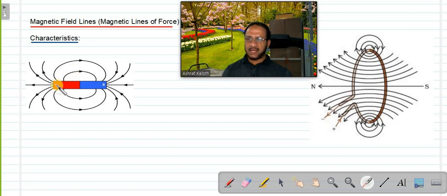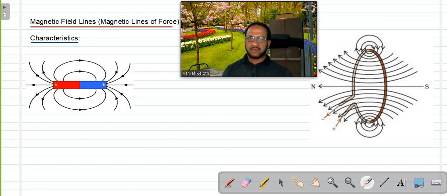If you draw the magnetic field lines of a bar magnet by using a compass needle, as I explained in the previous class, you will get this pattern. And also we can see the same pattern by using iron filings and a bar magnet experiment. We can do a small activity and we will see the iron filings aligning in the same pattern like this.